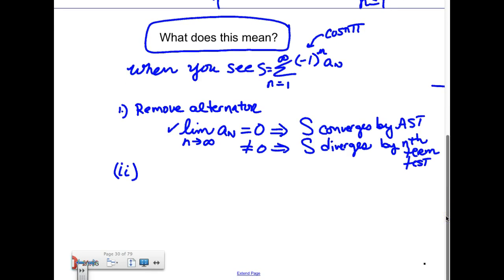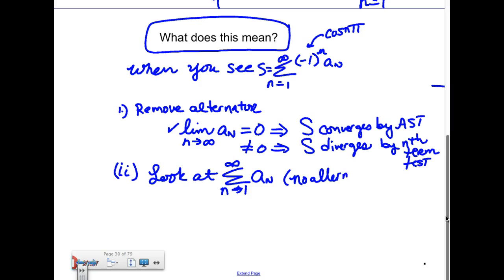So what you're going to do is, you're going to next, again, look at the series as n goes from 1 to infinity without the alternator. So remove the alternator, and sometimes this will say absolute value of a sub n. So when you remove that alternator, does the series converge anyway?